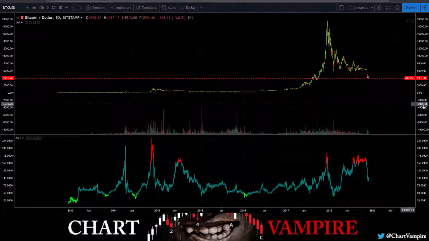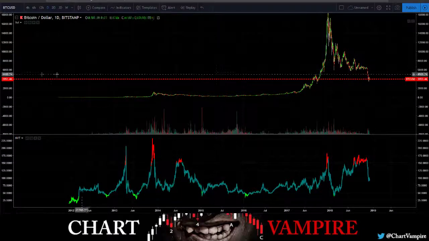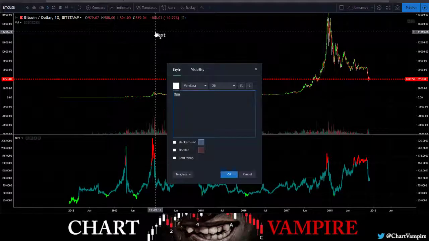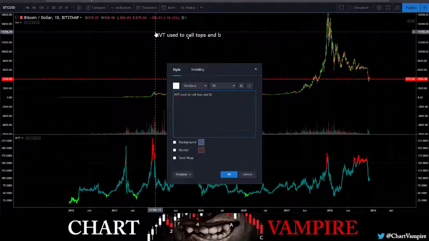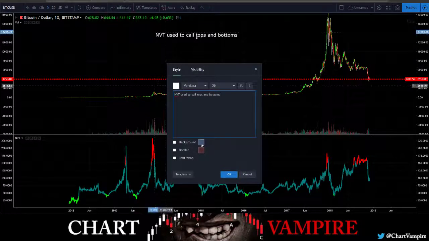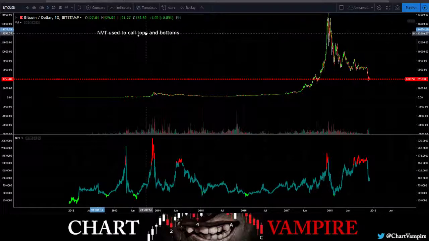Okay. Now the very first thing you need to understand about the NVT chart is that it is used to call tops and bottoms. That's the main thing we're going to use the NVT chart for.